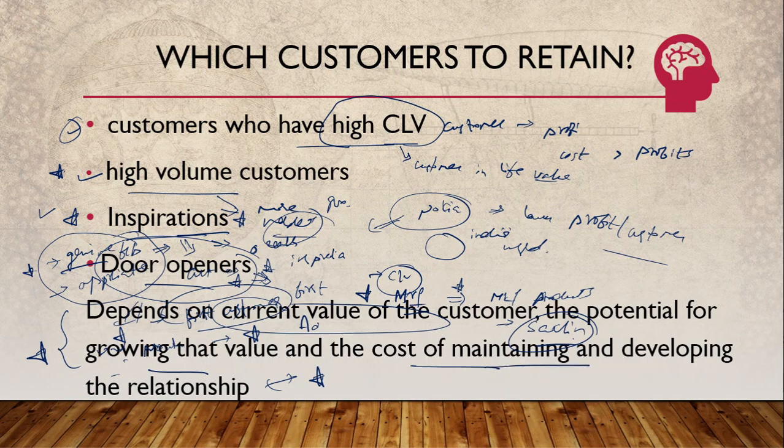And the other thing I said on the previous slide, the cost of maintaining the customer relationship. If the cost of maintaining the relationship is higher than the profit generated, then it is good to drop that relationship. So these are some of the important points you should always remember while developing your CRM strategy.